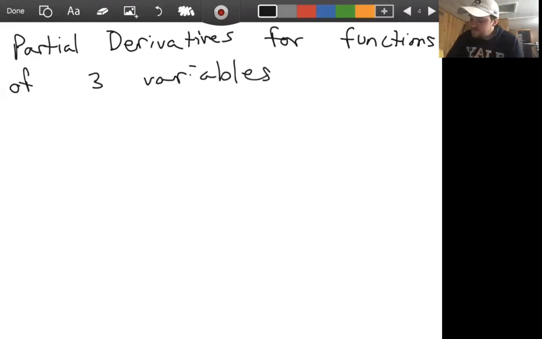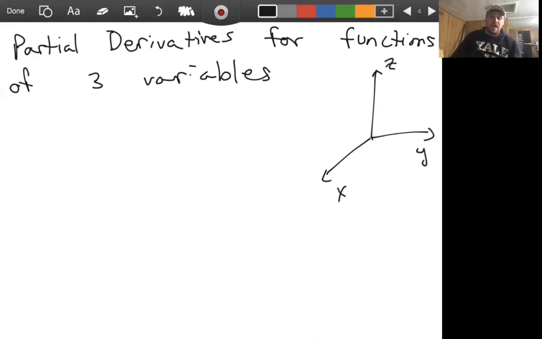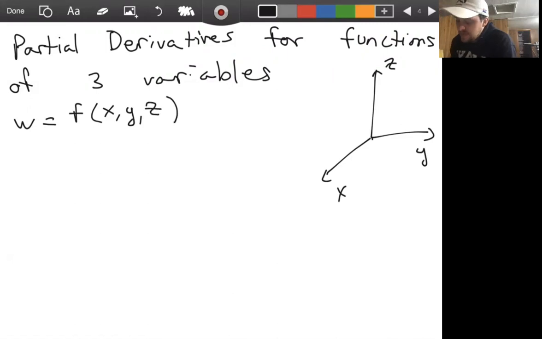And so again, now what we have is some function w equals f of x, y, z here. And this is a function of 3 variables, which means the domain is R3.